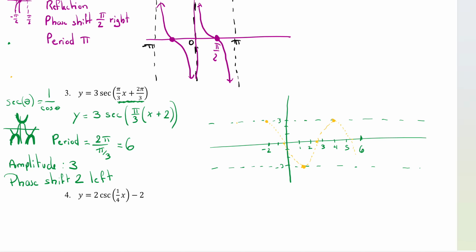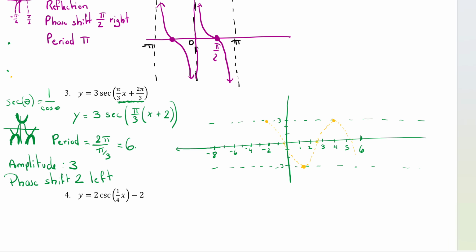Okay, so what I want, I need a few more. I need 2 periods, so I need to go further, either left or right. I want to go further left, so -2, 3, 4, 5, 6, 7, 8.